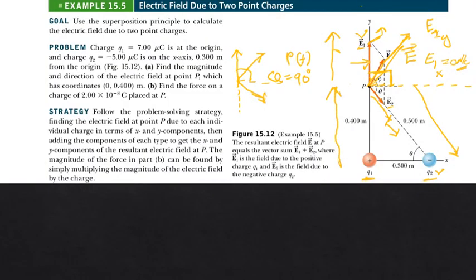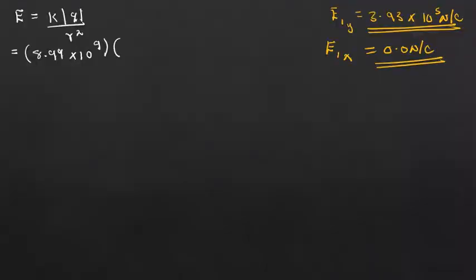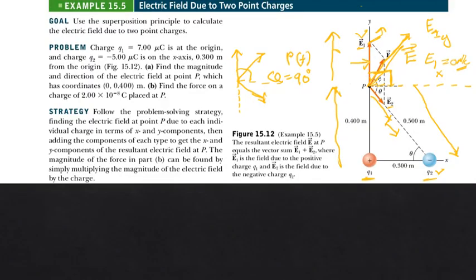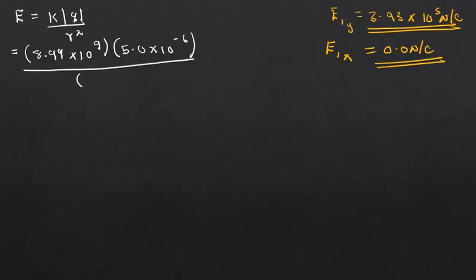Q2 has a charge of -5 microcoulombs. Because we're using absolute value, it will just be 5.0 multiplied by 10 to the power -6. The distance we are using is 0.5.